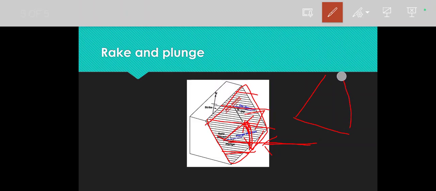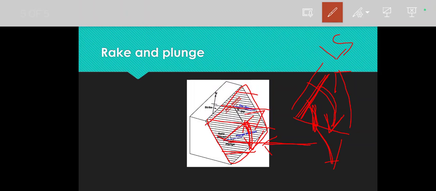This linear structure was somewhere here, and this linear structure has moved here. You may also consider this linear structure as this straight line. This linear structure has moved in this direction, and this amount is your rake, that is, the amount of movement of this linear structure in this direction. So this is all about rake or pitch.